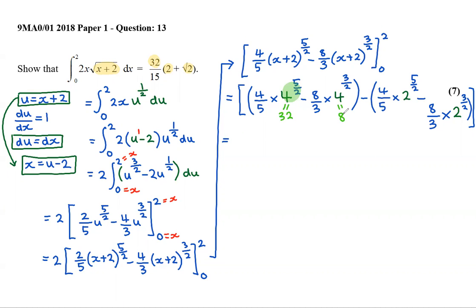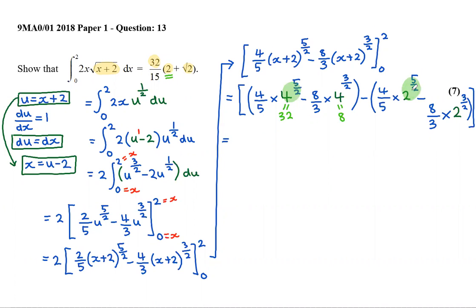Now, on the right-hand side with a lower limit, I'm looking at the answer. We've got root 2's everywhere. It looks like the upper limit is going to give me a nice value, which will probably be representative of the 2 here. So I want to be writing the right-hand side in terms of root 2, which I can, because I've got 2 to the power 5 over 2 here.